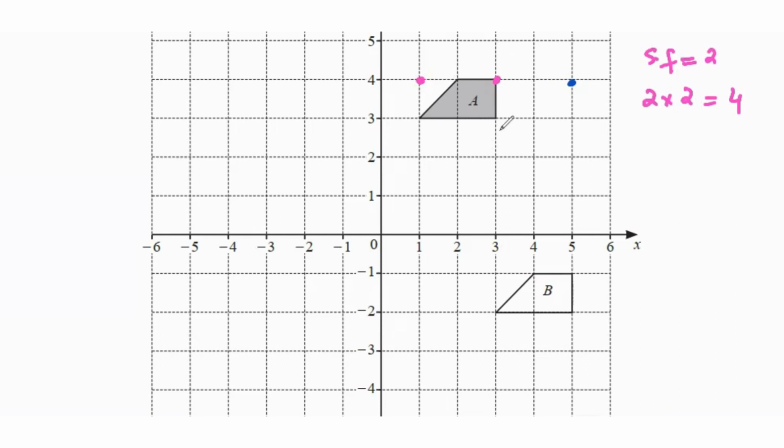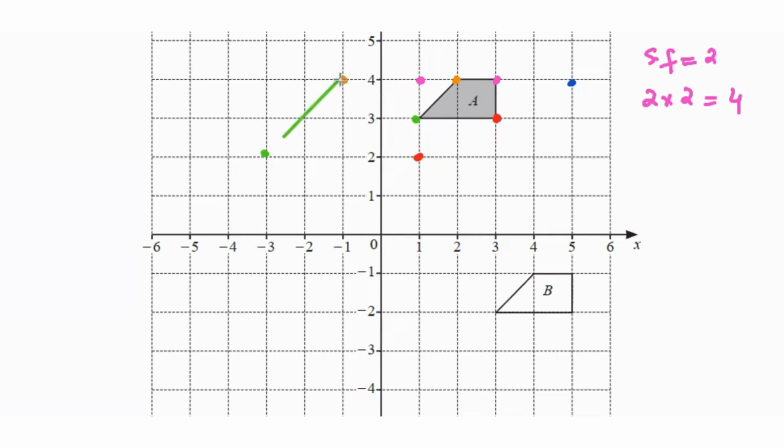Then for this point, since there's a distance of 1 between the pink and the red block, it's going to become 2. Then for this point, again, the distance will become 2 because originally it's 1. And lastly, over here, a distance of 2, so that's going to be 1, 2, 3, 4 over here.